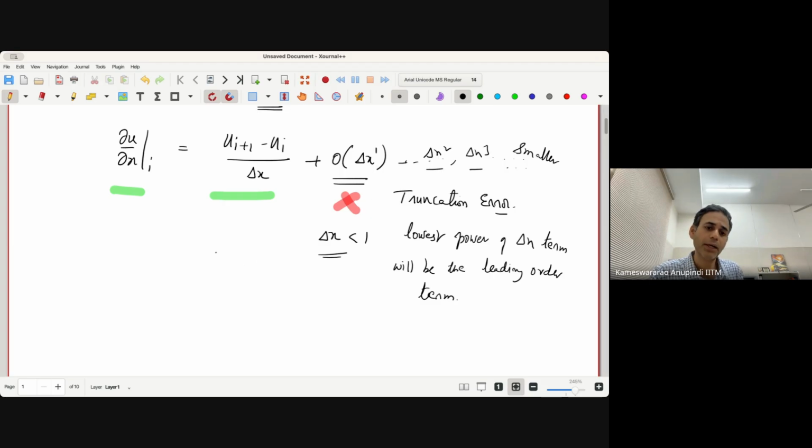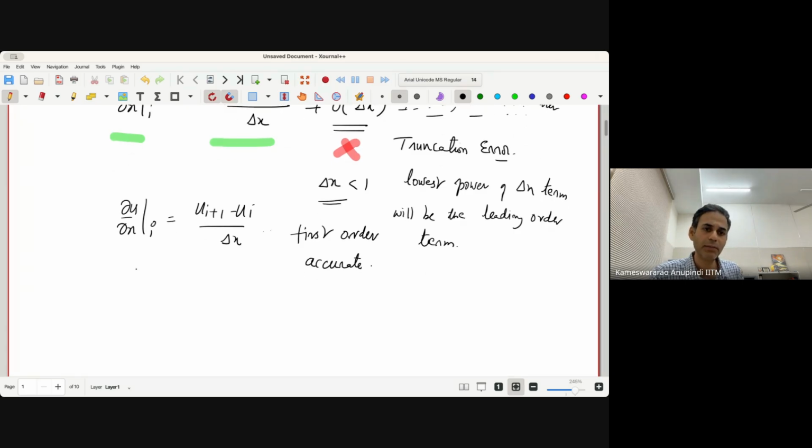So this particular method, when we write partial u partial x at I equals ui plus 1 minus ui divided by delta x, is known as first order accurate. Which basically means that if you make your delta x to delta x by 2, then your truncation error is going to become truncation error by 2, because it only goes down with delta x to the power 1.